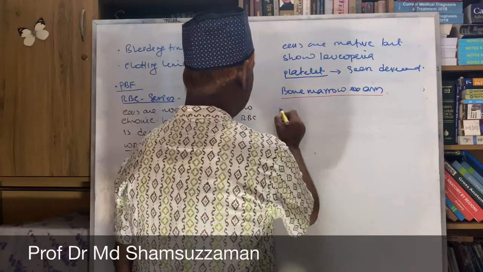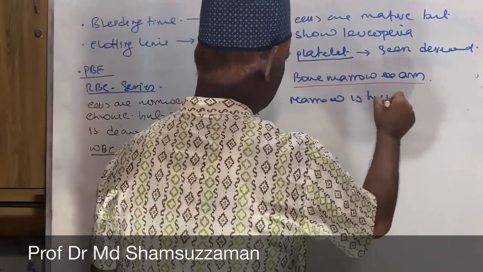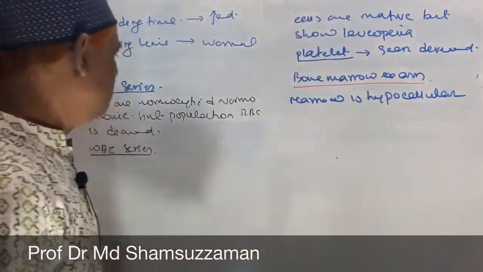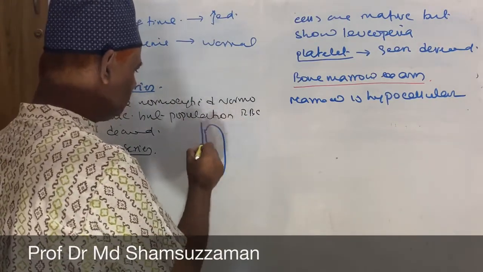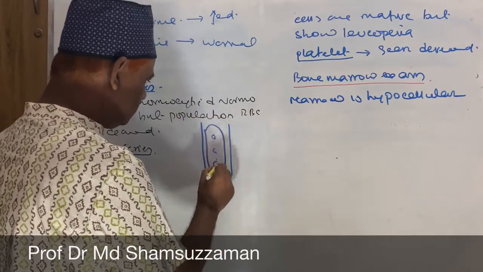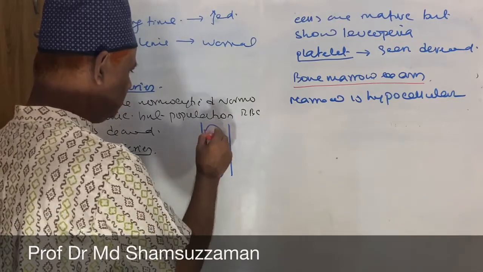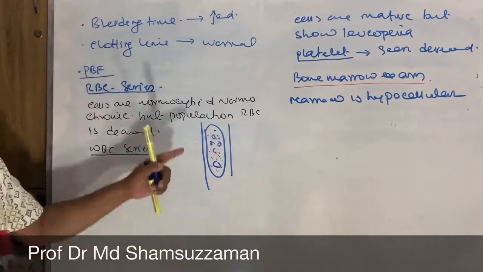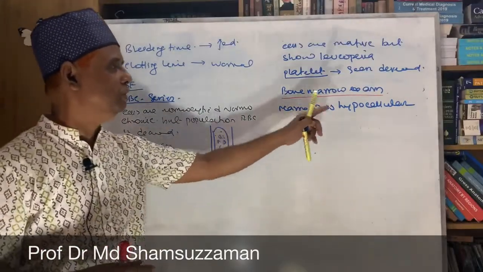So the marrow is hypocellular. If you consider the bone marrow, here like this, this is the medullary cavity, and this is the fat, and if the red one is the marrow element, as the marrow element is decreased in hypoplastic anemia or aplastic anemia, there will be hypocellular marrow.